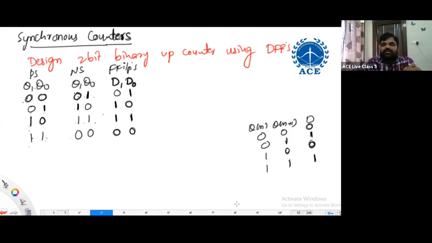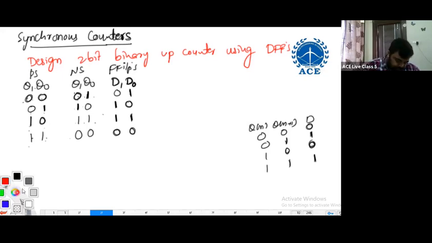So I need to provide inputs before the clock edge, and for that I use the state available before the clock edge, which is the present state. Using the Q1, Q0 present state column, let us find expressions for D1, D0.